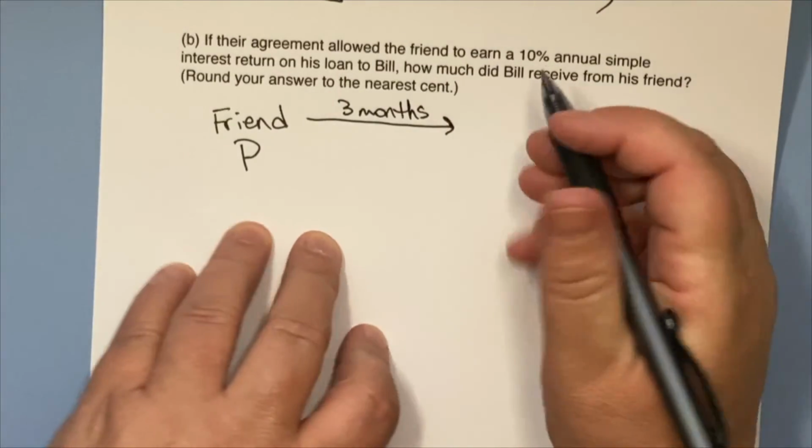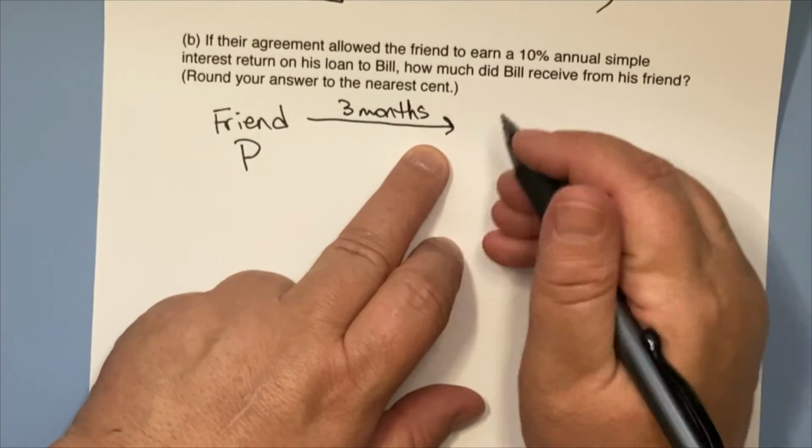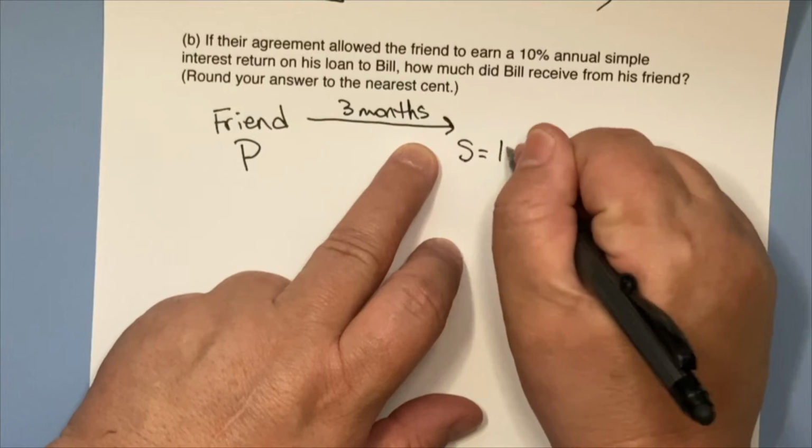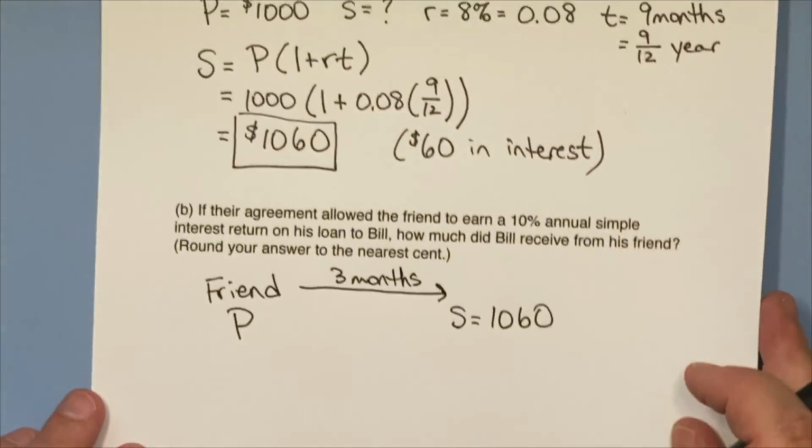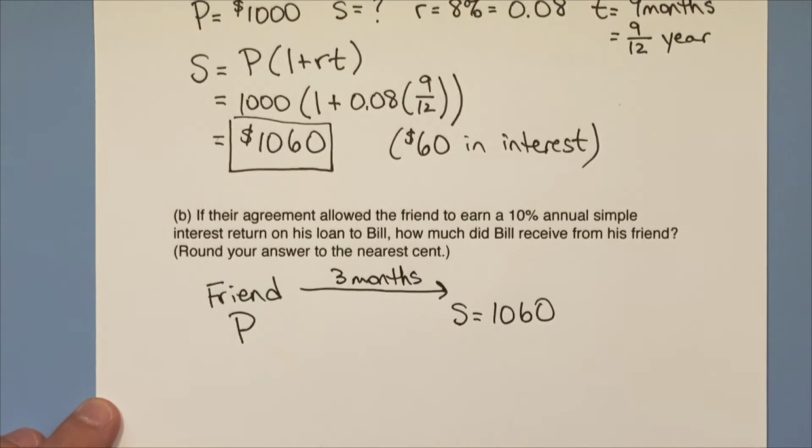And the friend is going to get the future value, which is 1060. Because remember, the bank doesn't know anything about the friend, doesn't really know much about Bill. They only know that you gave them $1,000, and they're very thankful for that. And that at the end of 9 months, they're going to give you the 1,060 in return.